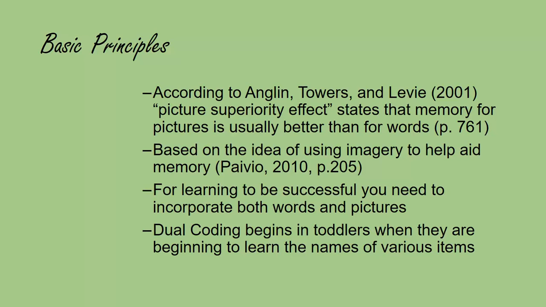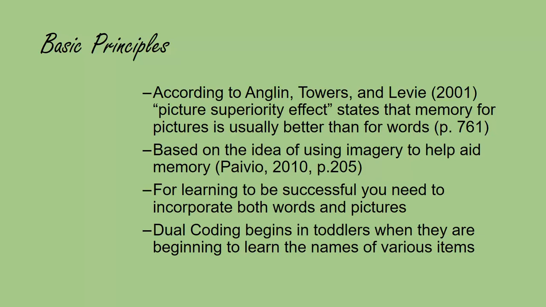It's based on the idea of using imagery to help aid memory. This is something that is being researched by doctors that have patients with Alzheimer's or dementia. Show them the picture and try to help them remember things about that individual based on showing them the picture.